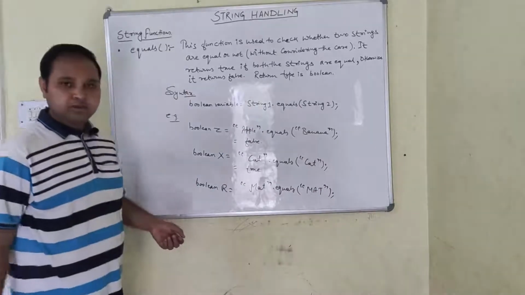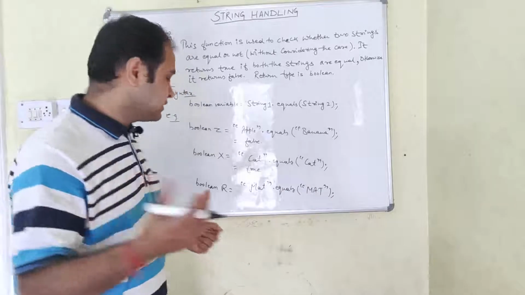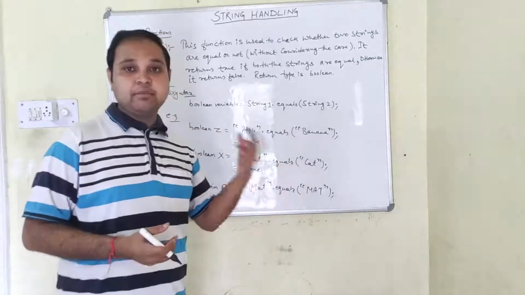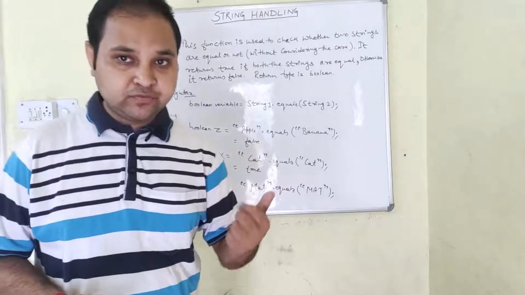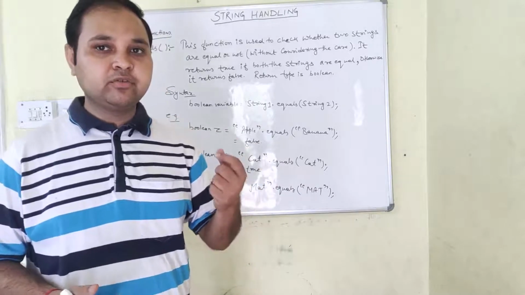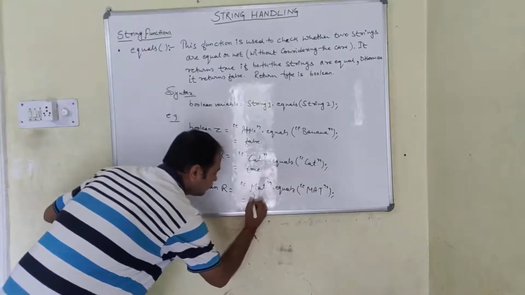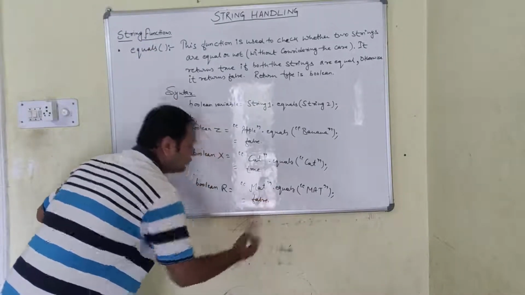So here you will not get true. Although in our human sense we see that both the words are same, the computer according to this function will treat both the words as different words and it will give you the output as false.